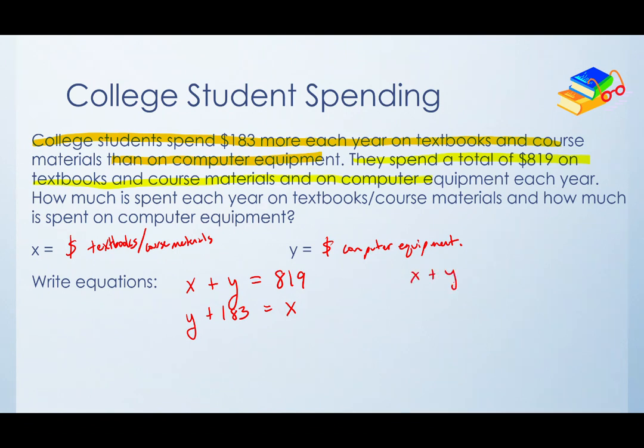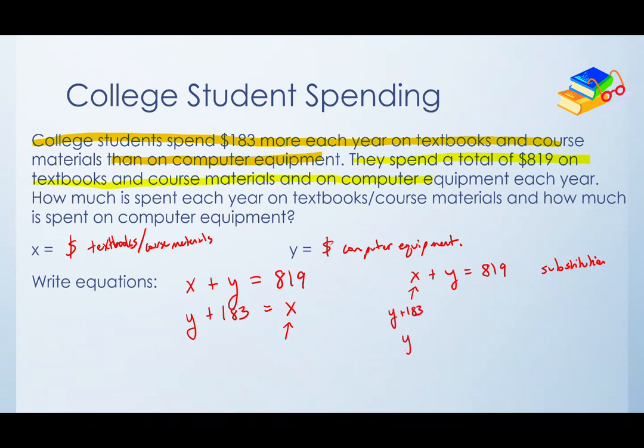Your choice of substitution or elimination. In fact, this one is nicely set up for substitution, but you can do either. We're going to do substitution because we already have x solved for. So I'm going to plug in y plus 183 for x.